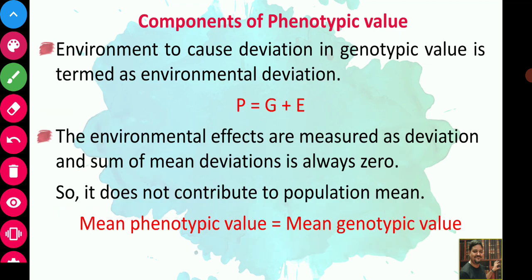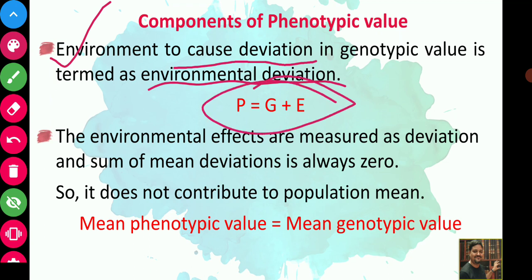Now, if you see in mathematical form, we have already studied that environment causes deviation in the genotypic value, and that is why it is termed as environmental deviation. Mathematically, P is equal to G plus E, that means phenotypic value is equal to genotype plus environment.